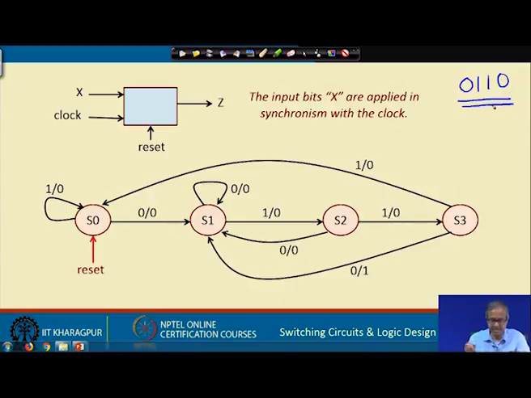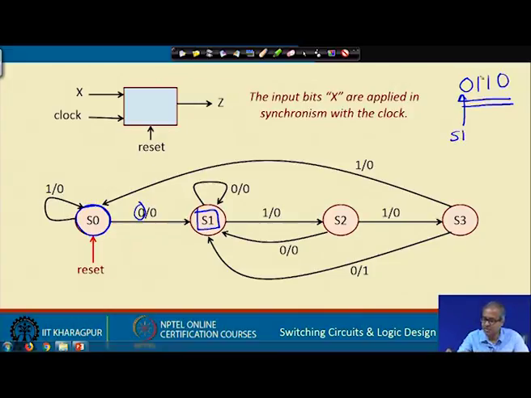See, the first thing is that we start with an initial state, let us say S0 is my initial state. So, I look for the first 0. Whenever I get the first 0, I go to state S1. So, S1 indicates that I have seen the first 0.